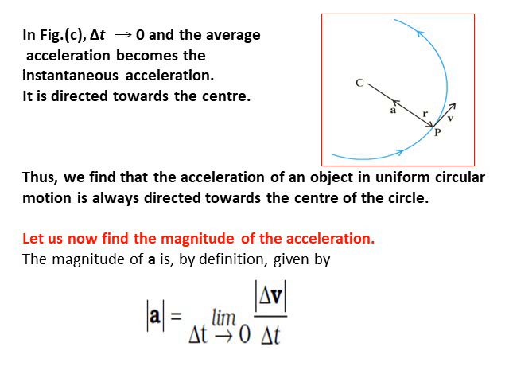Now, let's find out the magnitude of this acceleration. You know that acceleration is the rate of change of velocity. For a small interval, the magnitude of a will be limit delta t tends to 0, magnitude of delta V divided by delta t.